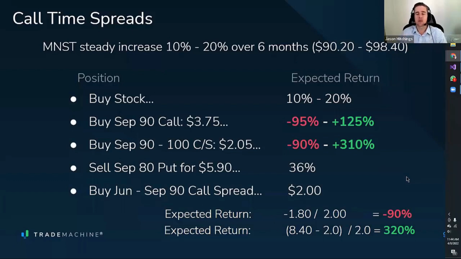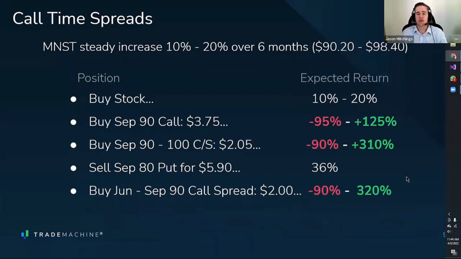It's going to be worth somewhere between 20 cents and $8.40. That would give us a P&L in the range of losing 90% of the value, up to gaining 320% of the value. So that's a new kind of spread, and it gives us a return that's a little bit similar, at least in this scenario, to what the 90-100 call spread would be worth.